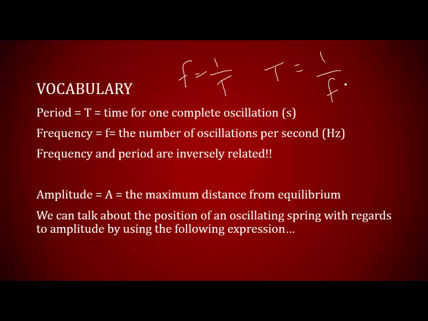We talked about that relationship last year. And then amplitude is denoted with a capital A, and it is the maximum distance away from equilibrium. So how far did you stretch that spring out? How far did it compress? This is typically measured in meters, but occasionally it will be in centimeters.